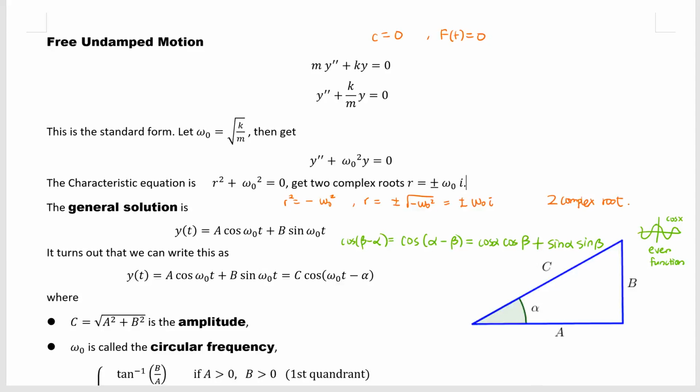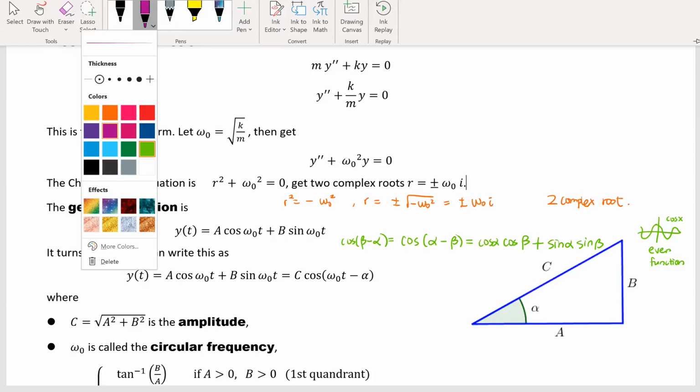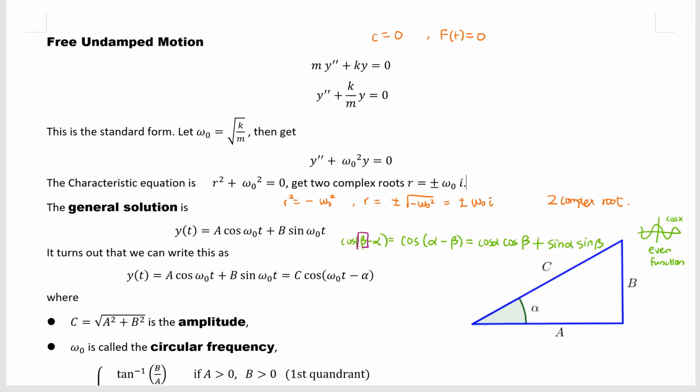Now let's see. Let alpha be the omega 0 t. Applying this formula, we get cosine of omega 0 t minus alpha equals cosine alpha cosine omega 0 t plus sine alpha sine omega 0 t.